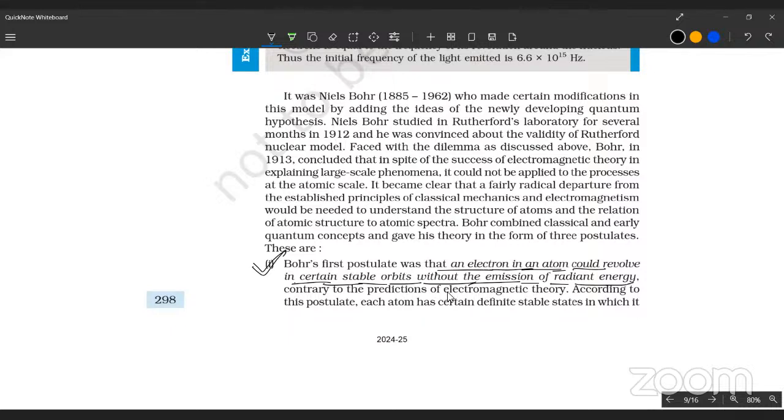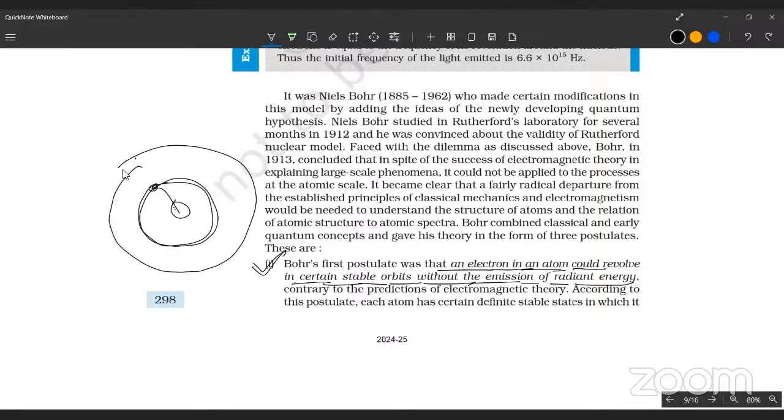So Bohr gave the postulate that suppose the nucleus is there, electrons can revolve around the nucleus in stable orbits. It will not emit energy and fall onto the nucleus; rather, it will revolve in stable orbits. This is what Bohr said in his first postulate.